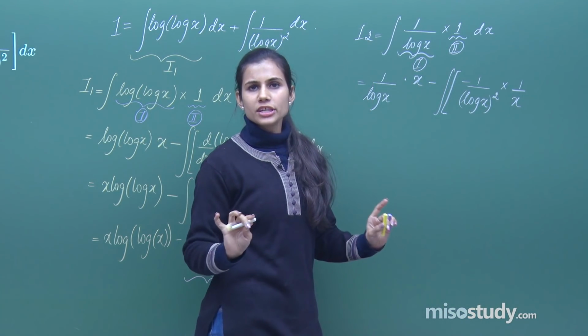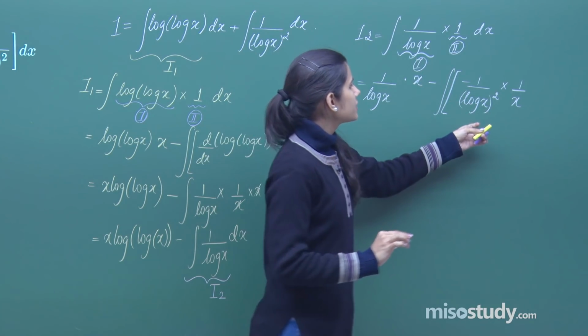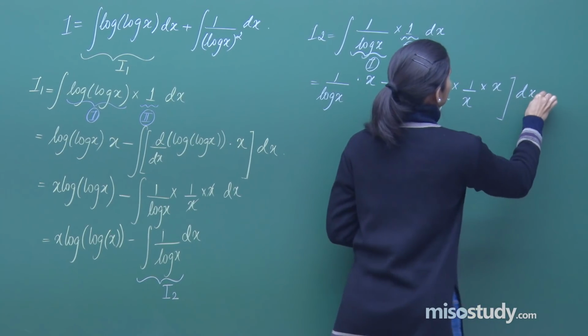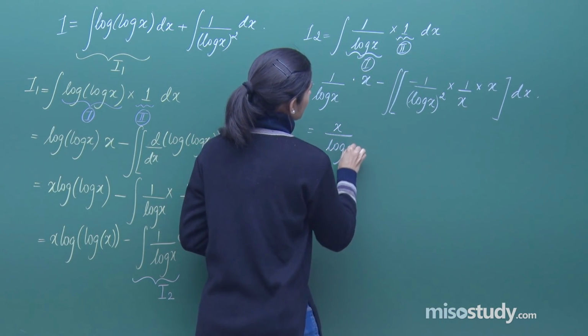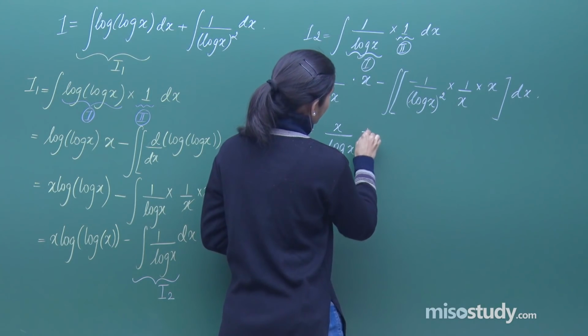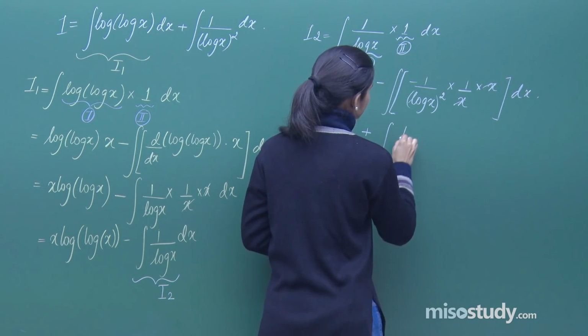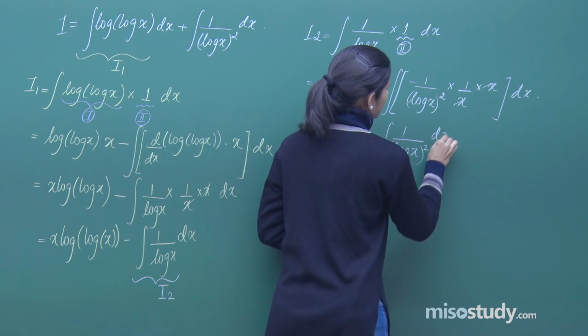Fine, I have just applied chain rule, nothing else. So minus integration of big bracket start d by dx of first function into integration of second big bracket close the whole dx. So this gives me x upon log x, plus, this x cancels out, integration of 1 by log x whole square dx.